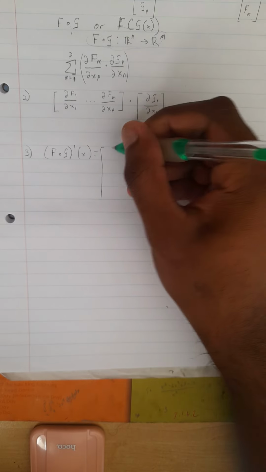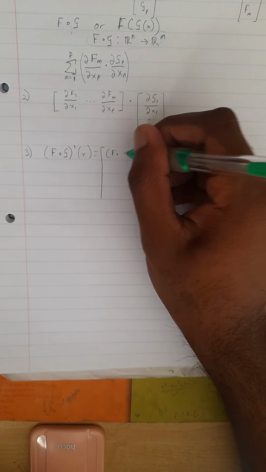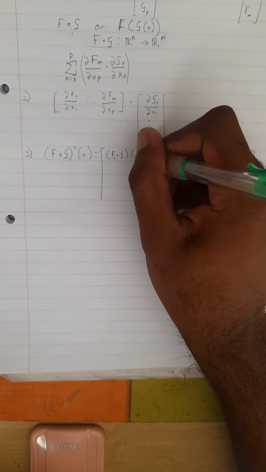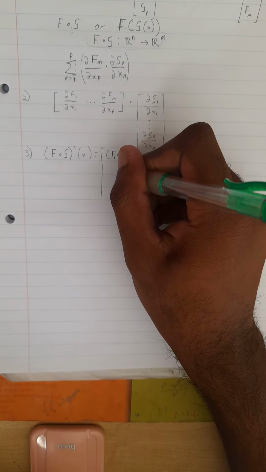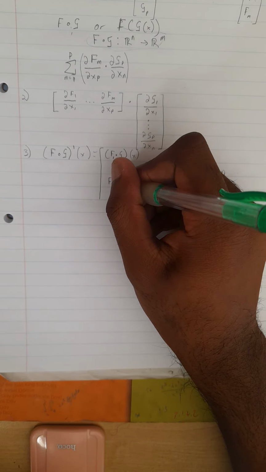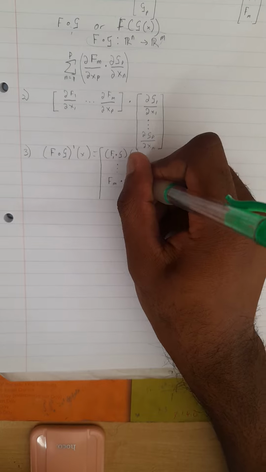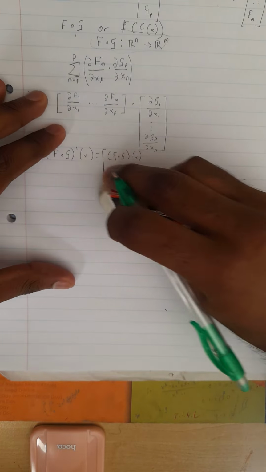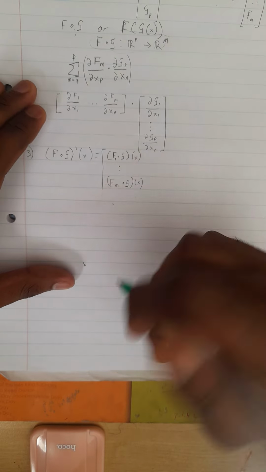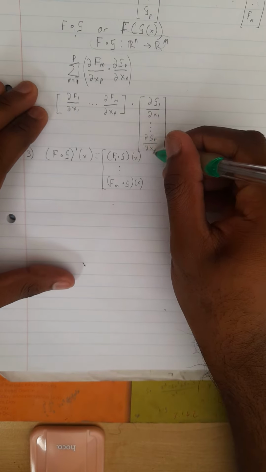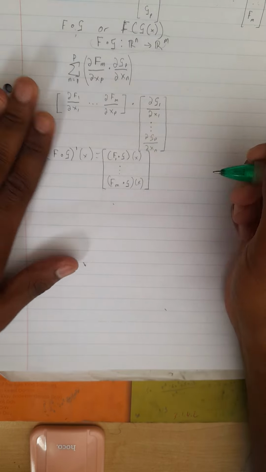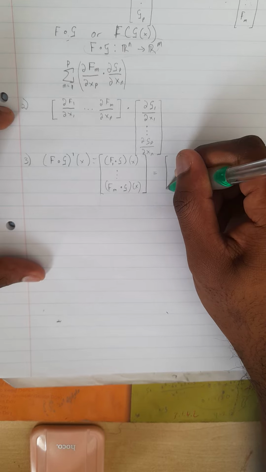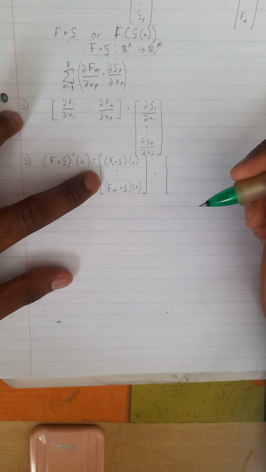So something like f∘g, so f1 of g(x) up until fm of g(x). And this is just going to be equal to, remember, this has to be an m by n matrix.